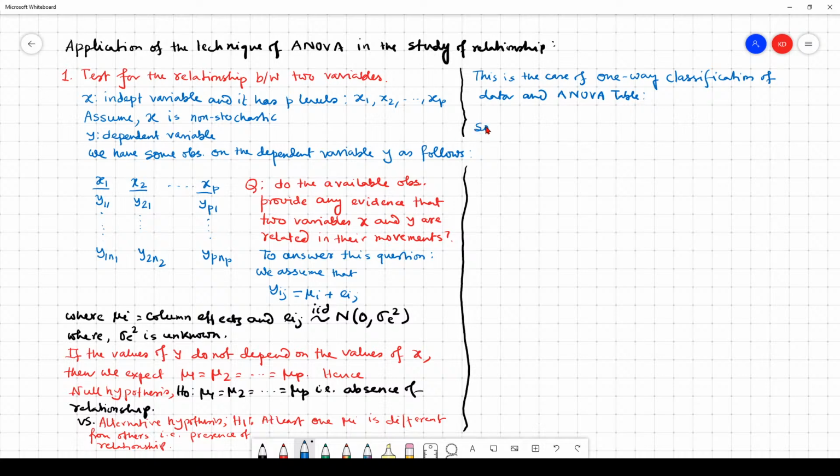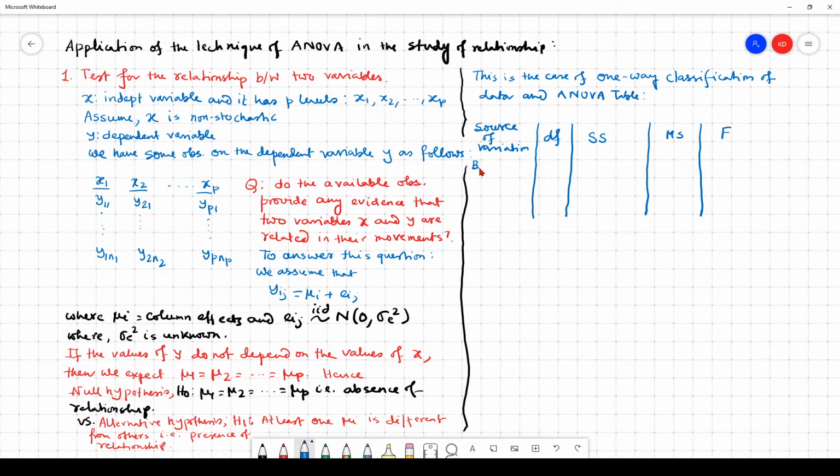First column is source of variation, second column is degrees of freedom, third column is sum of squares, then MS, mean squares, and the last column is F ratio.